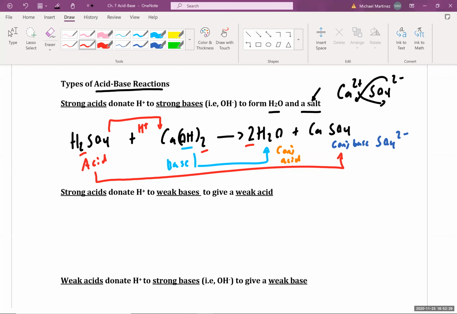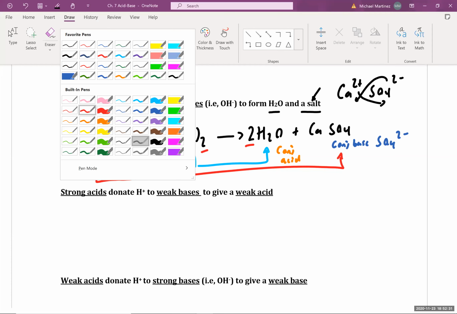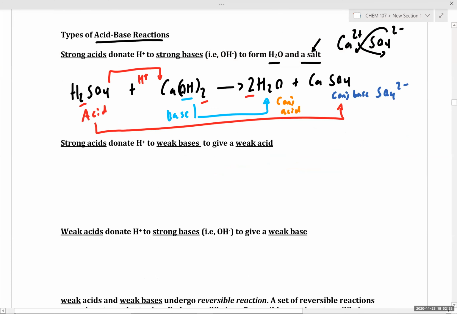Okay, so let's look at an example now of a strong acid reacting with a weak base. What's another example of a strong acid? Does anyone have another formula for a strong acid that we can use? Hydrochloric acid. Yep. Sure, HCl. Yep, that's okay. And a weak base, what's an example of a weak base?